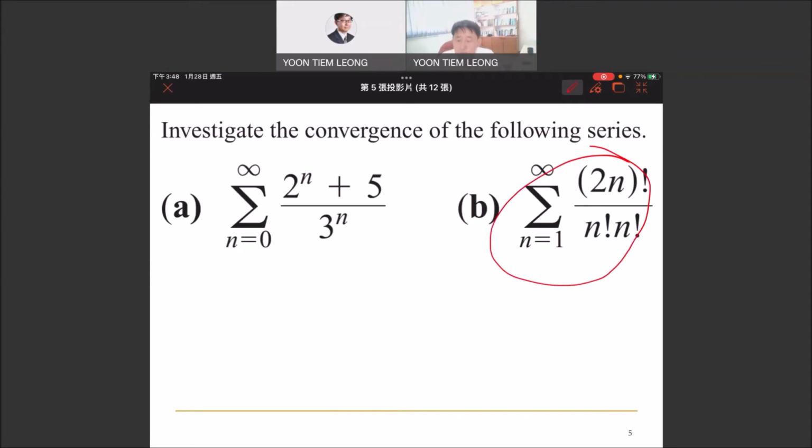So I'm going to go through the details of the steps of how you can do this kind of question. So first of all, you apply the ratio test by writing down the expression of a n plus 1 over a n for the series under investigation.